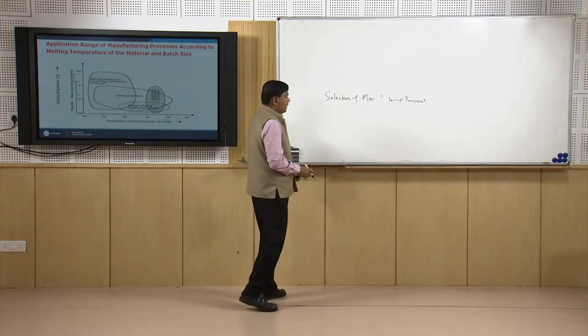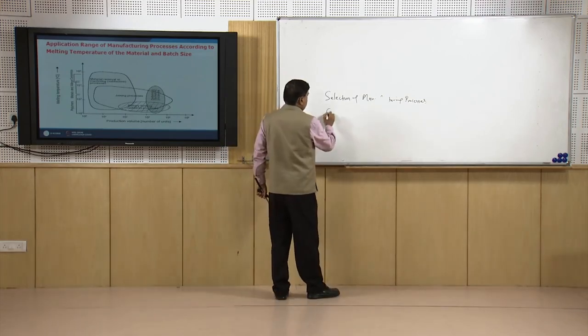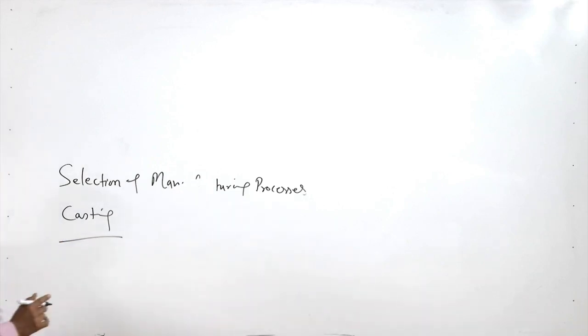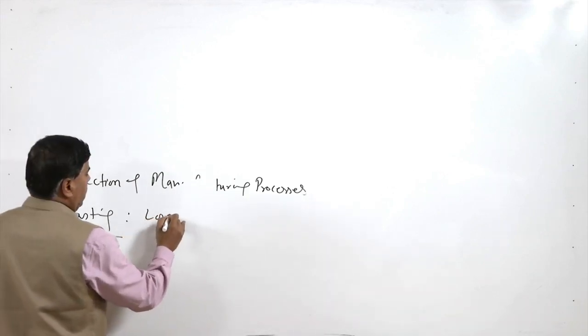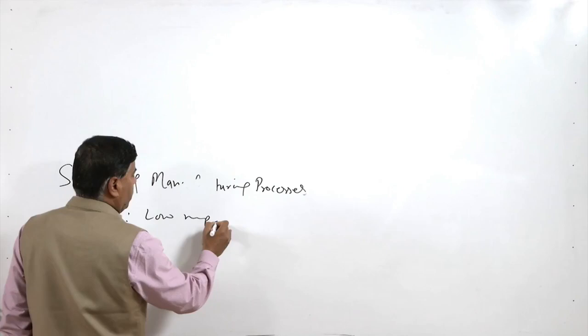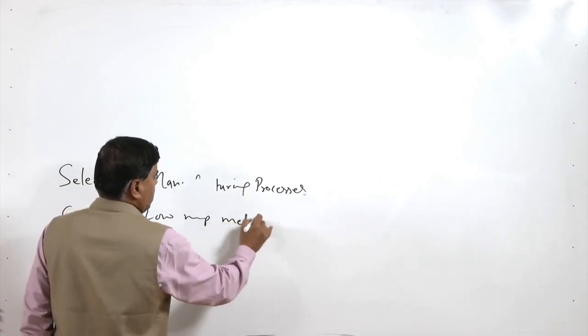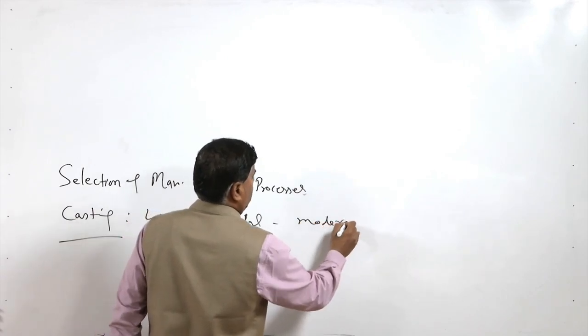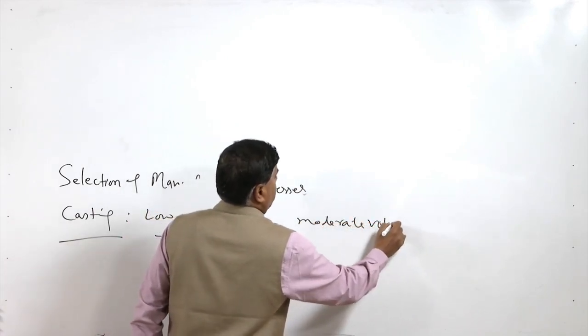So, the casting processes are normally selected for low melting point metals and for moderate volumes.